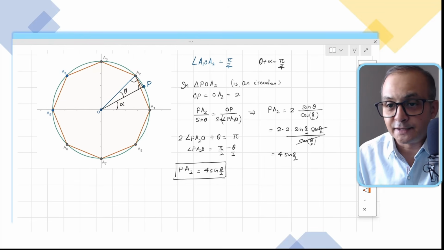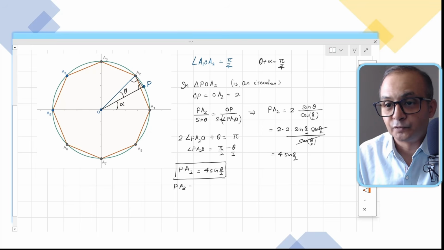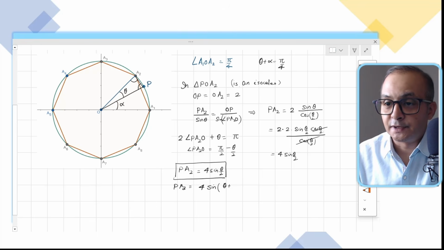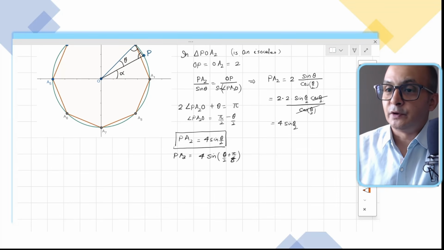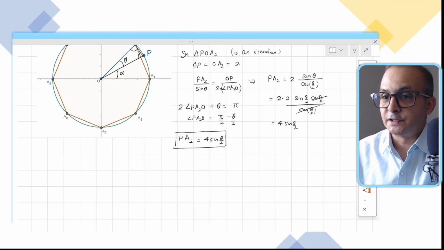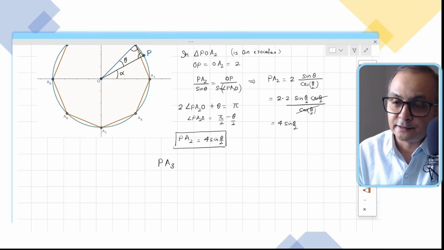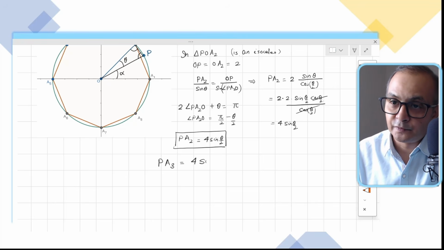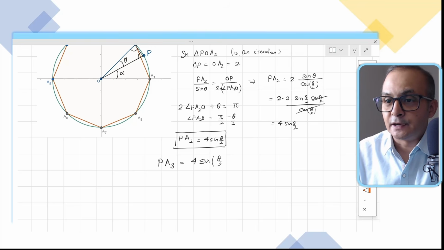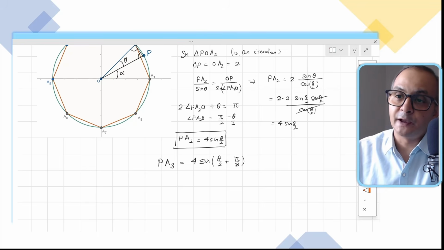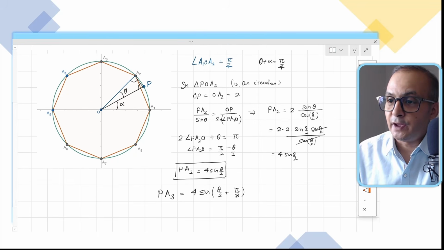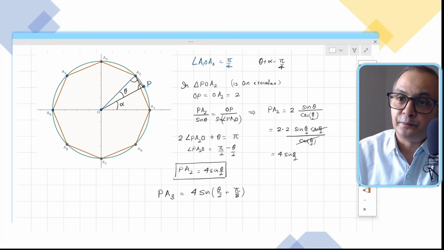So PA3 will be 4 times sine of theta plus pi by 4, over 2. Let me write it clearly. So PA3 is 4 times sine of theta by 2 plus pi by 8, because I'm replacing theta with pi by 4 plus theta.